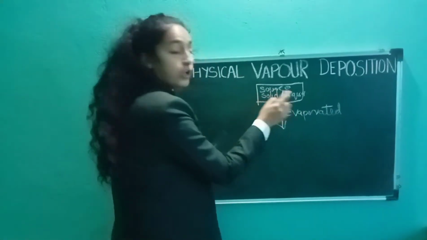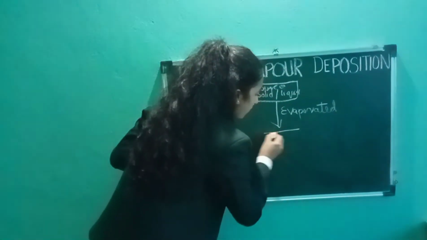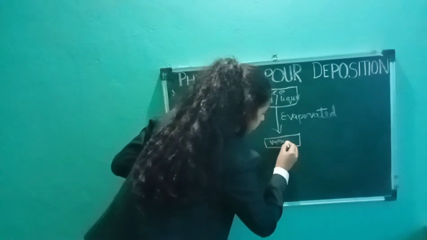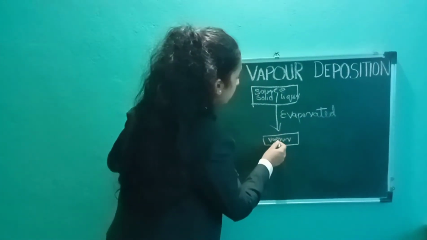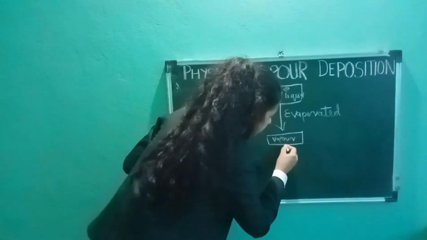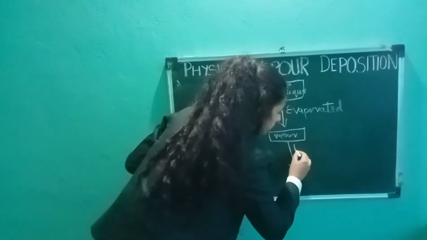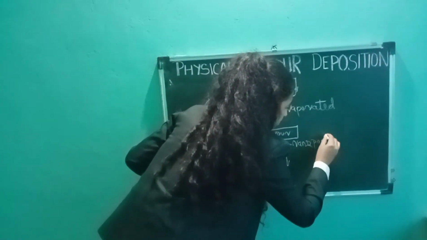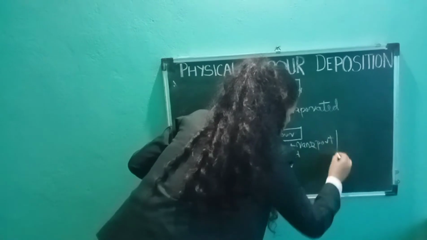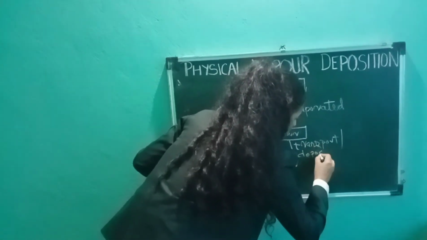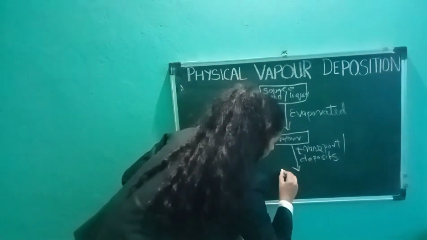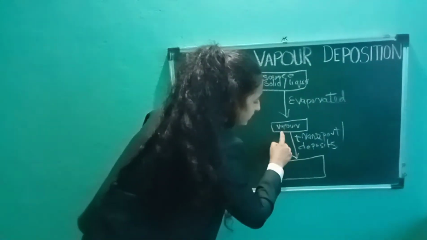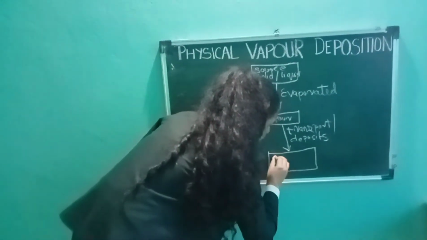After evaporation, solids or liquids change into vapor form. After this, the material will get deposited. First of all, it will transport. It changes its morphology, physical morphology.